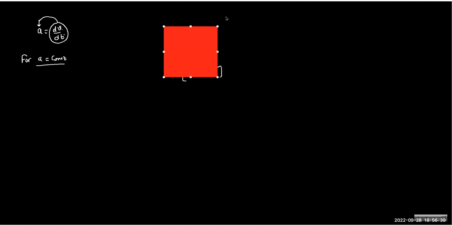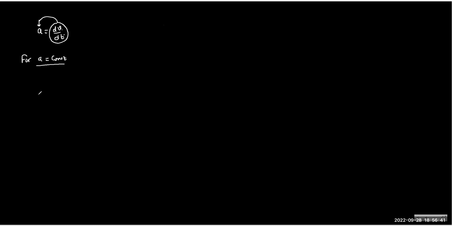So what is the next step? We want to find the V relation with time t, given A is constant. So we can write dV equals to A dt. And A is just like any other constant. So you integrate both sides.